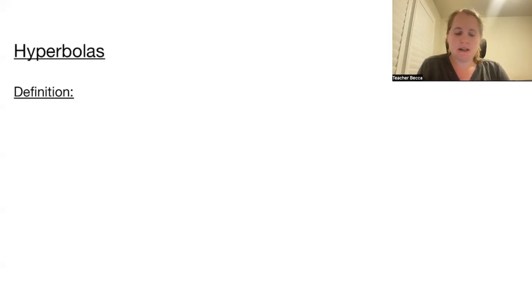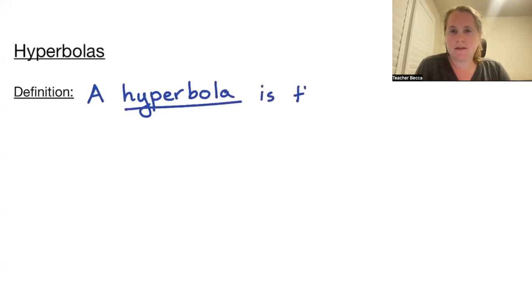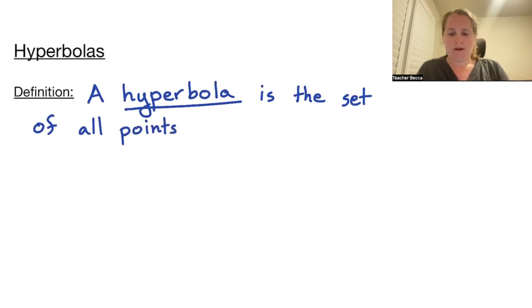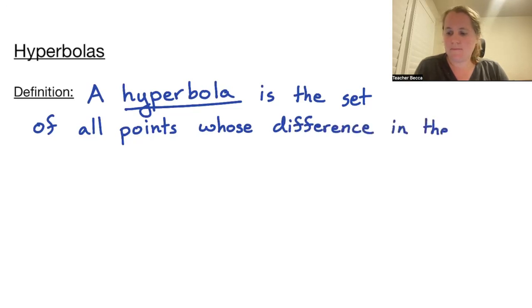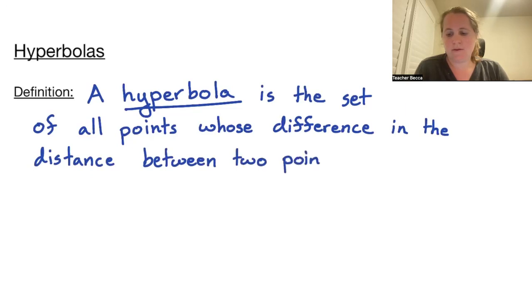A quick definition: a hyperbola is the set of all points whose difference in the distance between 2 points, called the foci, remains constant.